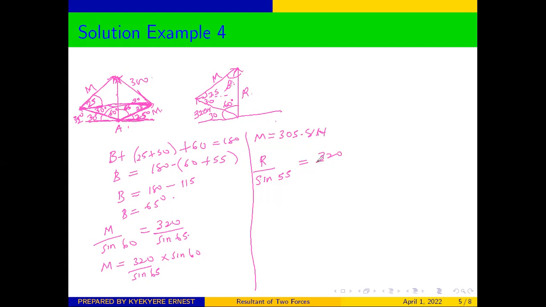So here we are going to get 320 over our beta, which is 65 degrees. So therefore, we can say that our R will be equal to 320 over sine 65 times sine 55. And from here, we can say that our resultant will be equal to 289.2 newtons. Good.